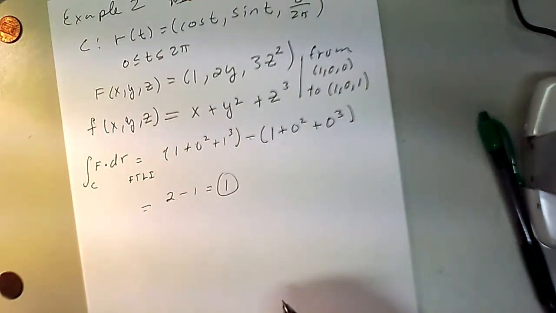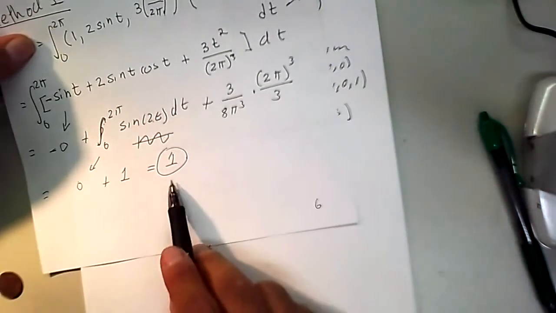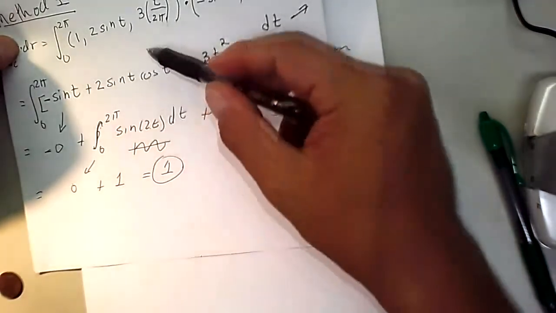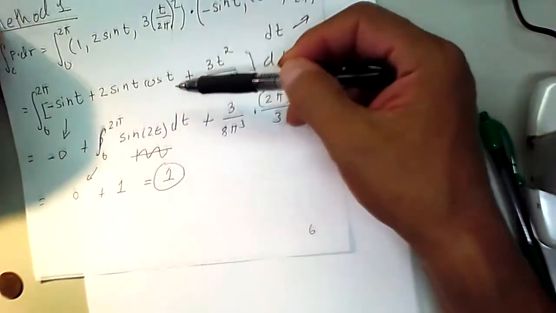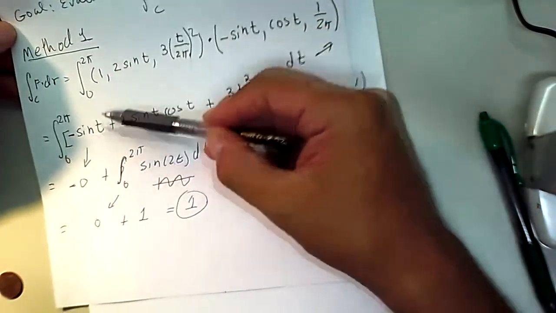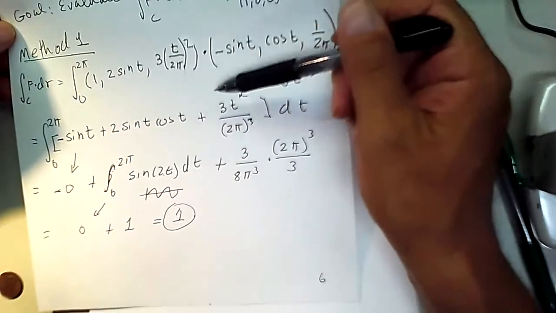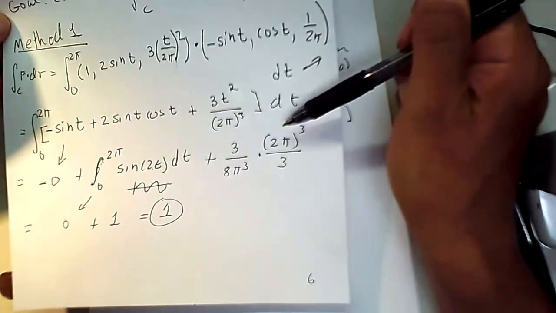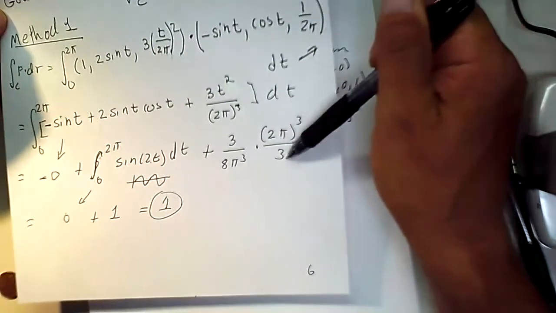And that is exactly the same answer as previously, without having to think about sine of 2t and the sine of t and all this, and even the 2 pi cubed over 3.